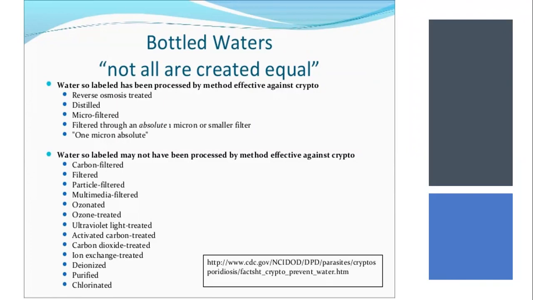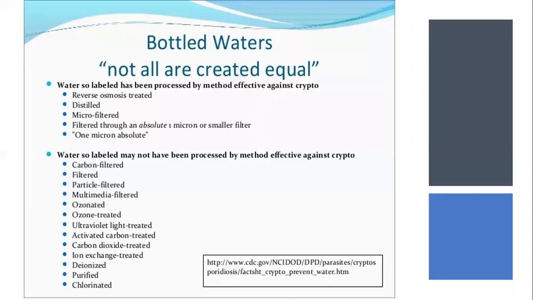But if the water has the label carbon filtered, the pore size is too large to filter out crypto. If it says filtered, it didn't tell you the size of the filter, it's probably not effective because the regular filter will not filter out the oocyst of crypto.